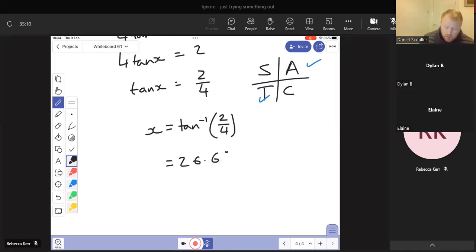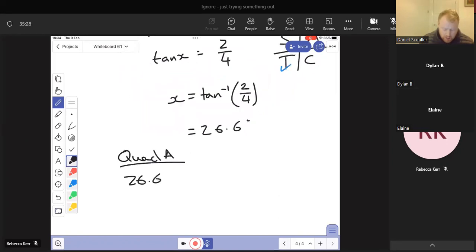Okay, so that's going to be one of our answers. Okay, so we're in that first quadrant between 0 and 90. So that's going to be one of our answers. Okay, that first quadrant, we don't do anything to it. Okay, the other quadrant we're in is that tan quadrant. Okay, so we'll say quad A, nothing happened. Nothing happens to our answer, 26.6.